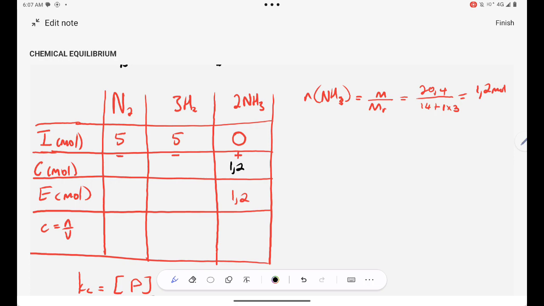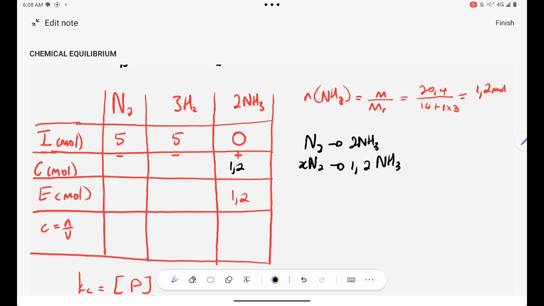Now let's find the number of moles that were used for hydrogen, and the number of moles that were used for nitrogen as well. I know that I only need 1 mole of nitrogen to form 2 moles of ammonia. But now I did not form 2 moles, I only formed 1.2 moles of ammonia. I want to know how many moles of nitrogen I used to form that amount. All I have to do is cross multiply.